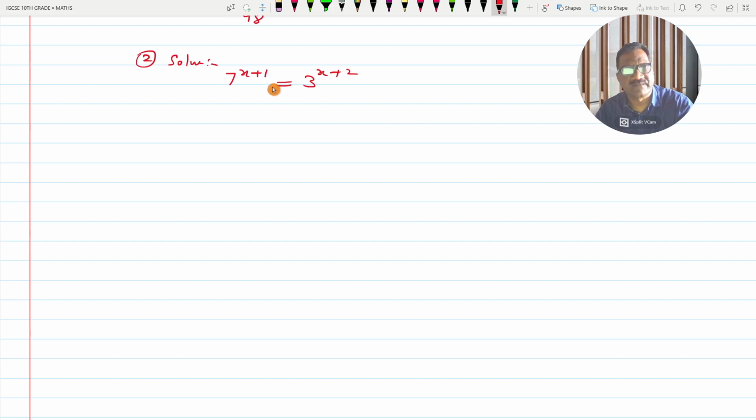Now this equation, first what I'll do is I will take logarithm on both sides. So I'll write log of 7 raised to x plus 1 equal to log of 3 raised to x plus 2. Let me put this in bracket.